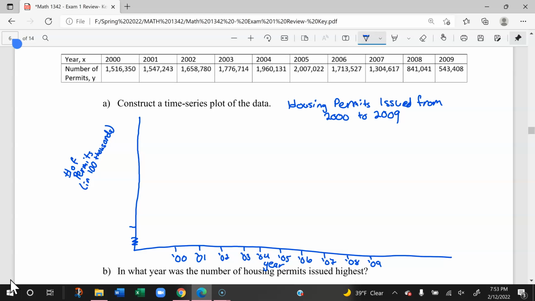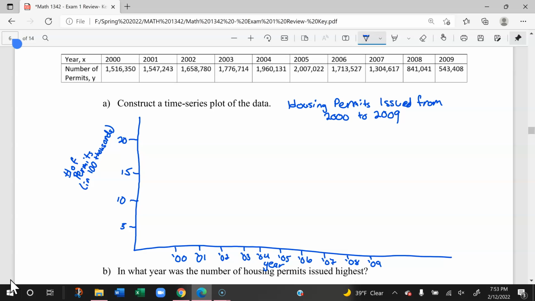So there's 5, 10, 15, and here's 20. Since I'm doing it by 100,000s, I don't really have to have the scale break. So I can go 5, 10, 15, and 20.